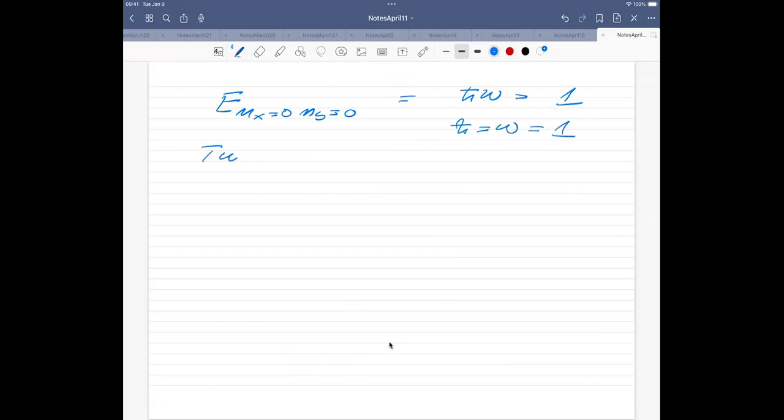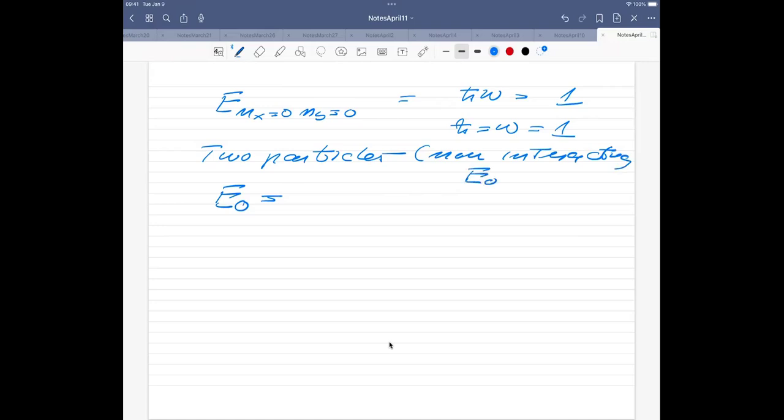With two particles, I will have E equal to, so I'm going to put this one, the non-interacting energy E0, and this is exact for the non-interacting case. This is simply given by 2 times h bar omega, which is equal to 2. So in the code which we're going to run now, you should hopefully get 2.